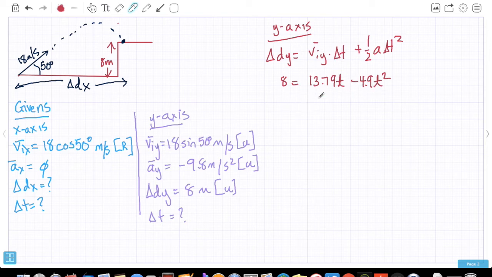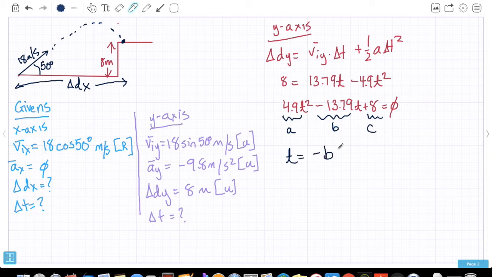So I'm going to rearrange this so that it's equal to 0. And then I assign this as my A value, this as my B value, and that as my C value, where t is equal to negative b plus or minus the square root of b squared minus 4ac, over 2a.